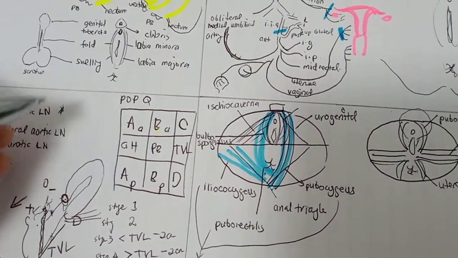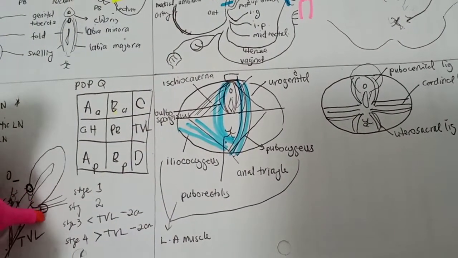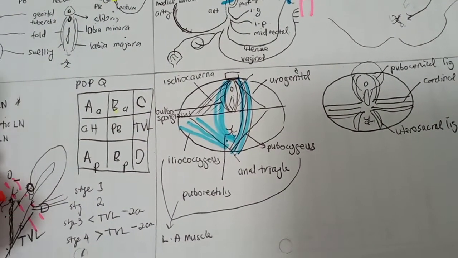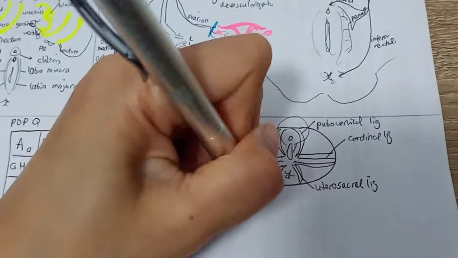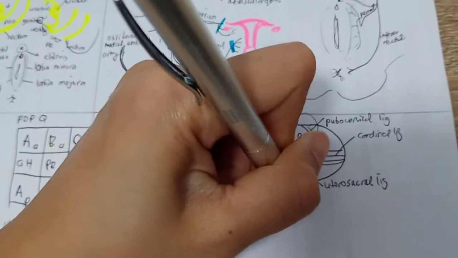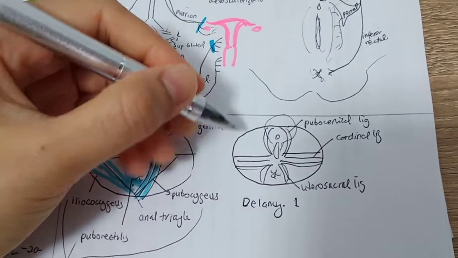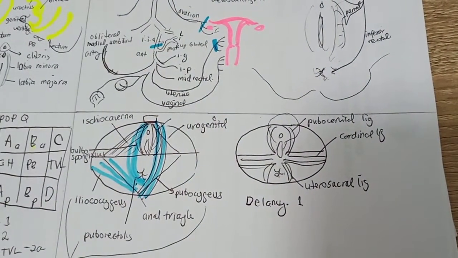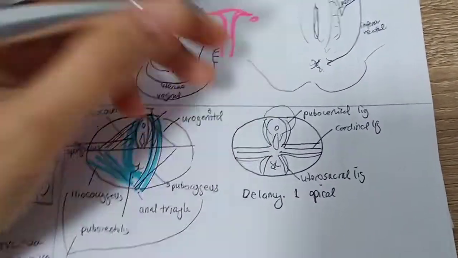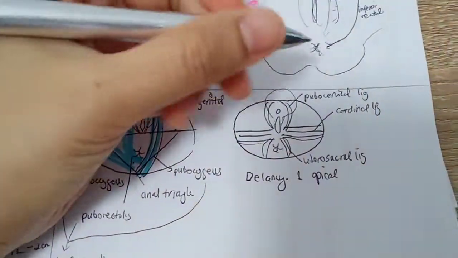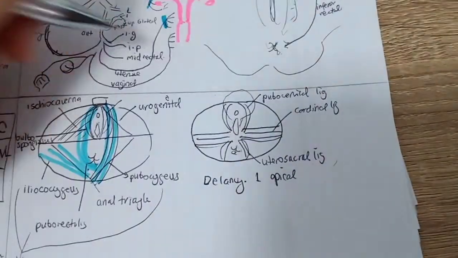And what it tells us here is the DeLancey support, whereby we have 3 levels of support: level 1, level 2, and level 3. So let's go for level 1. Level 1 of the DeLancey support is talking about these ligaments, which is the apical support. Due to the weakness of these ligaments, it will cause the apical prolapse.